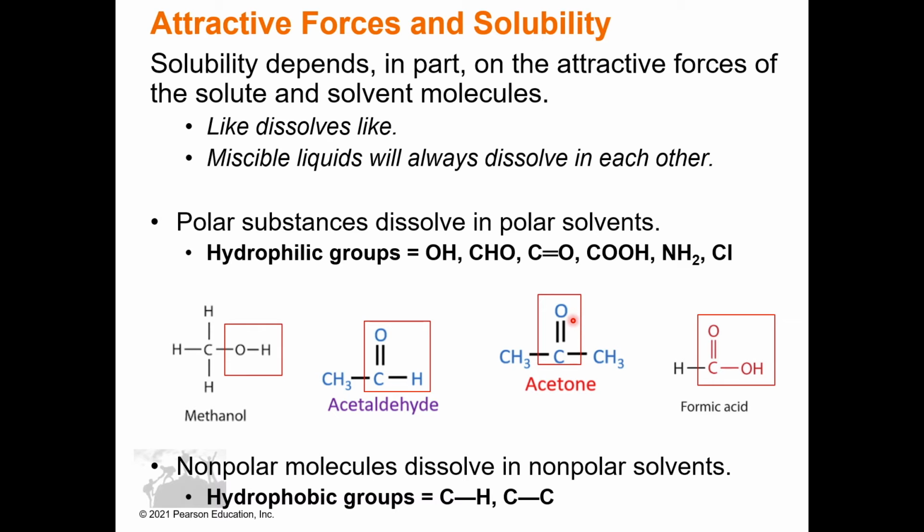That would be a carboxylic acid. So here we have formic acid or methanoic acid, that's the same thing. So it's like a combination of an alcohol with a ketone. Okay, so whatever is boxed out here, those are the polar portions of those molecules.